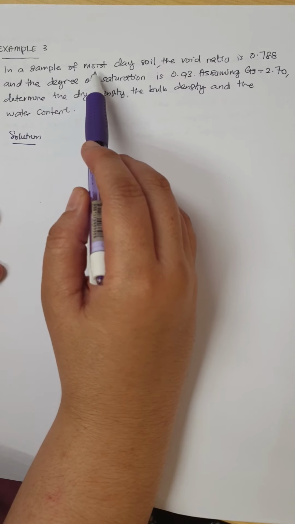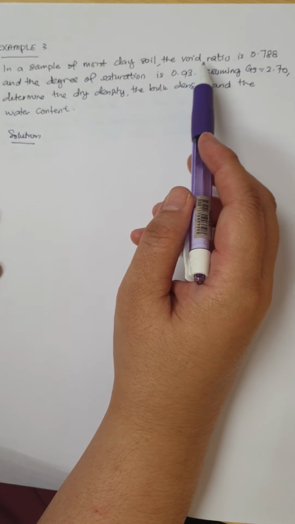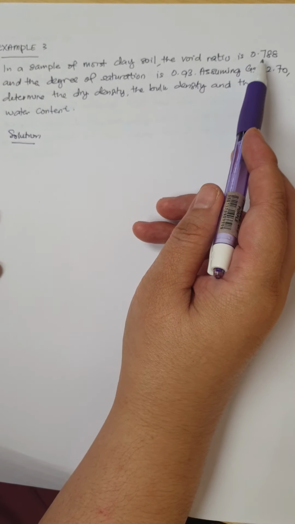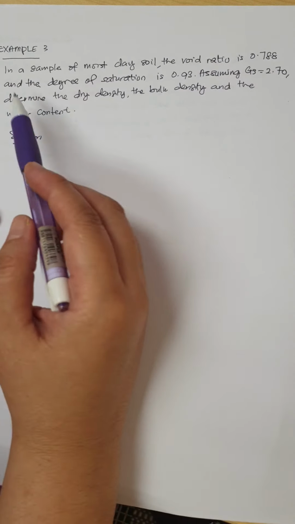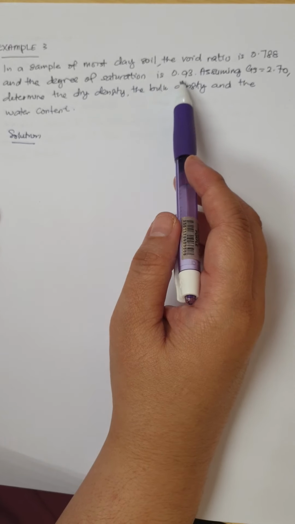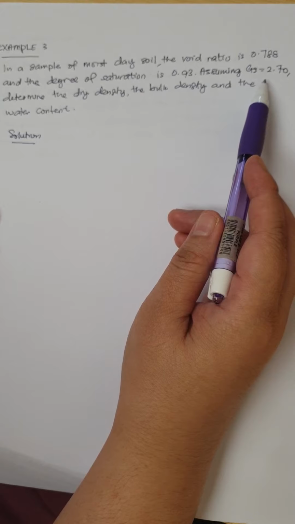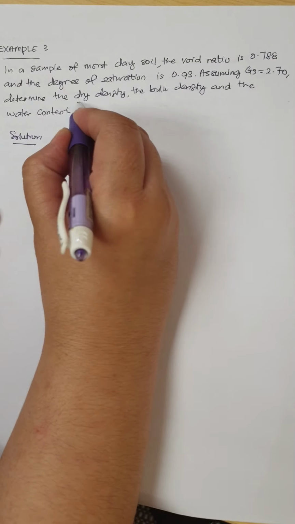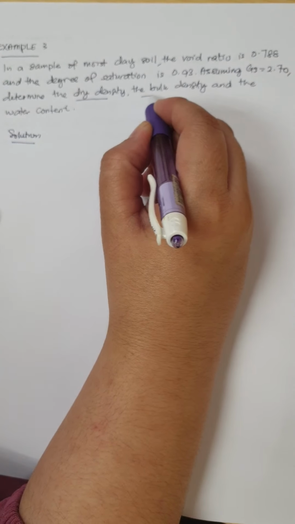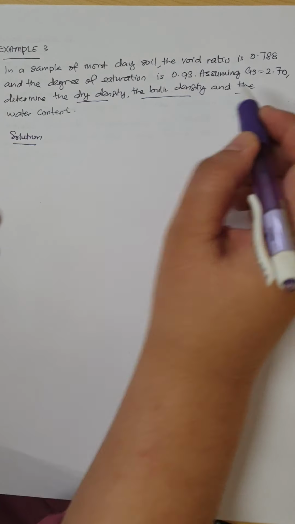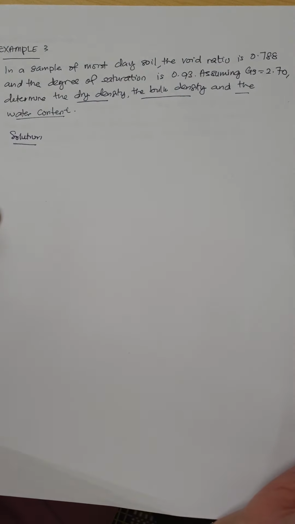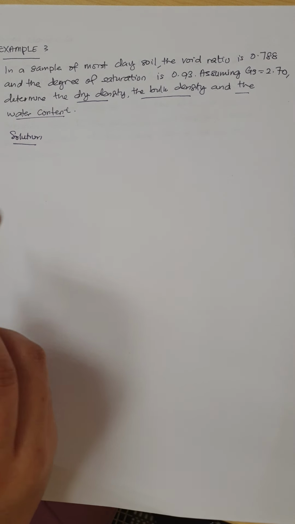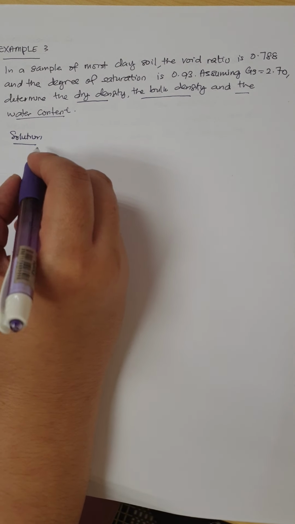In the sample of moist clay soil, the void ratio is 0.788 and the degree of saturation is 0.93. Assuming Gs 2.7, determine the dry density. So this is the question. And then the bulk density and the water content. So it's quite straightforward, but let's gather the information first.